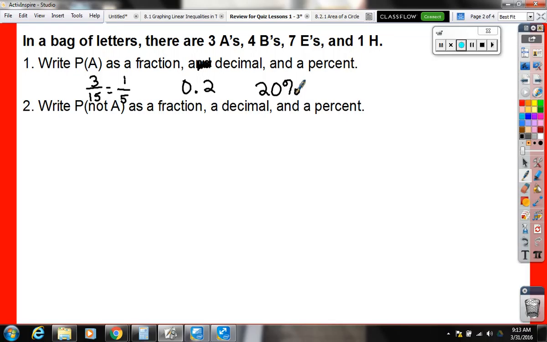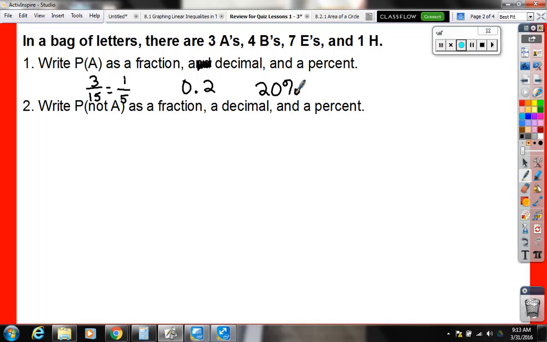Okay, now we're going to do number 2 together, and then I have some additional ones I'm going to give you to do also. Now we're going to write the probability of not A as a fraction, a decimal, and a percent. Haley, what's the probability that I'm not going to pick A? Didn't quite count them all. 1, 2, 3, 4, 5, 6, 7, 8, 9, 10, 11, 12. 12, there you go.